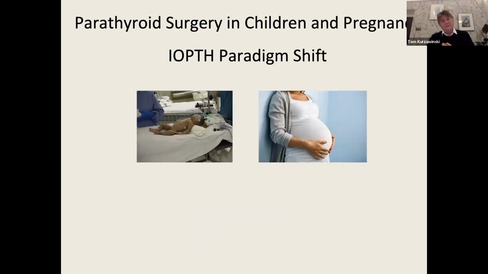So in my practice, IOPTH had a huge impact on patients with primary hyperparathyroidism, both first time and redo. But it was a significant success in two groups of patients who are much smaller groups, but they do come under our care, and this is children and pregnant women, because in both of these groups, either you can't or you don't want to do too many tests, and obviously all the radiation should be avoided.